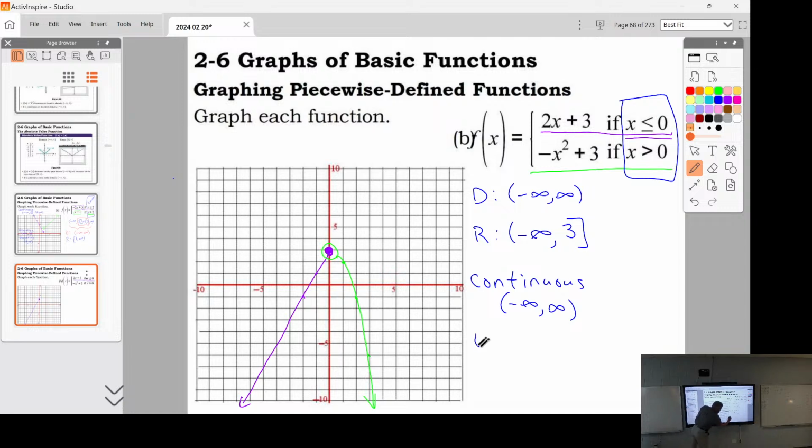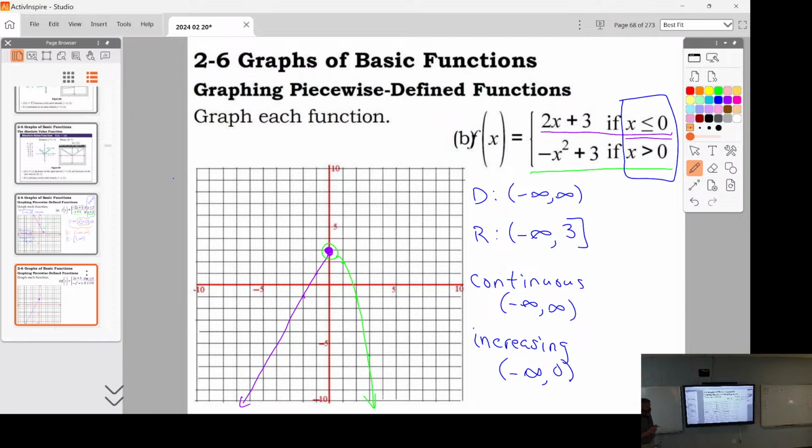Let's talk about increasing. On what part of the domain is this function increasing? Negative infinity to what? To 0. Okay? Again, we're only talking about the domain.